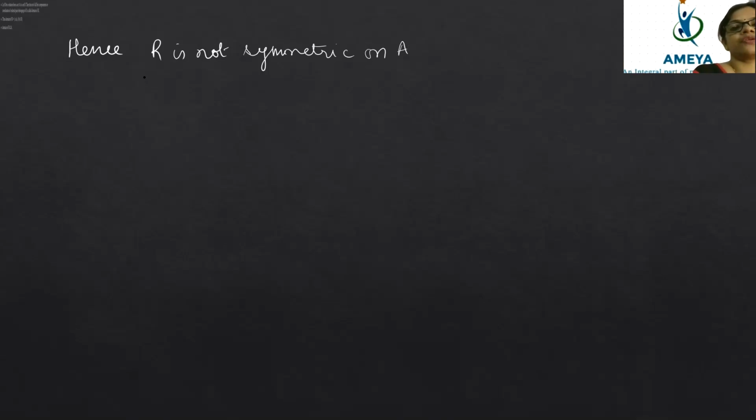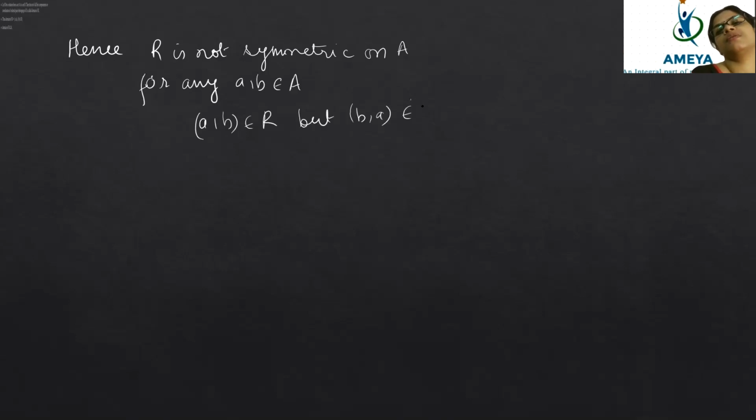Since for any a, b belonging to A, (a, b) is belonging to R, but (b, a) is not belonging to R. Understood? Why? Because I wrote the statement in the final form that R is not symmetric on A for any a, b belonging to A.